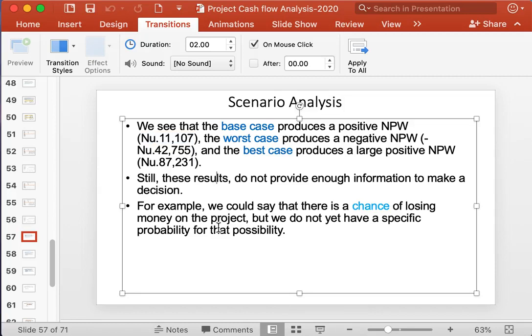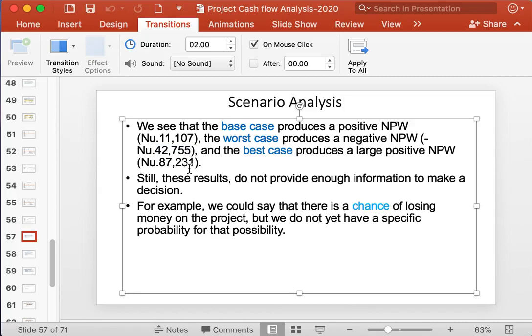But what do you get from this? Still, these results do not provide enough information to make decisions. Yeah, we can see that in the worst case scenario, the net present worth will be minus 42,000, and in the best case scenario it will be positive 87,231.